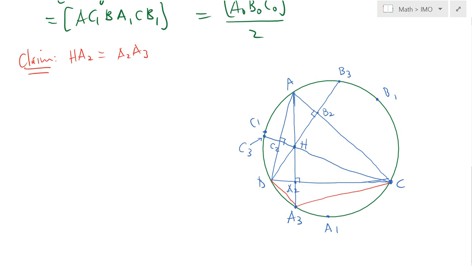What I mean by that is, i.e., A3 is the reflection of H across side BC. One way to see that would be, as I said earlier, to chase some angles.